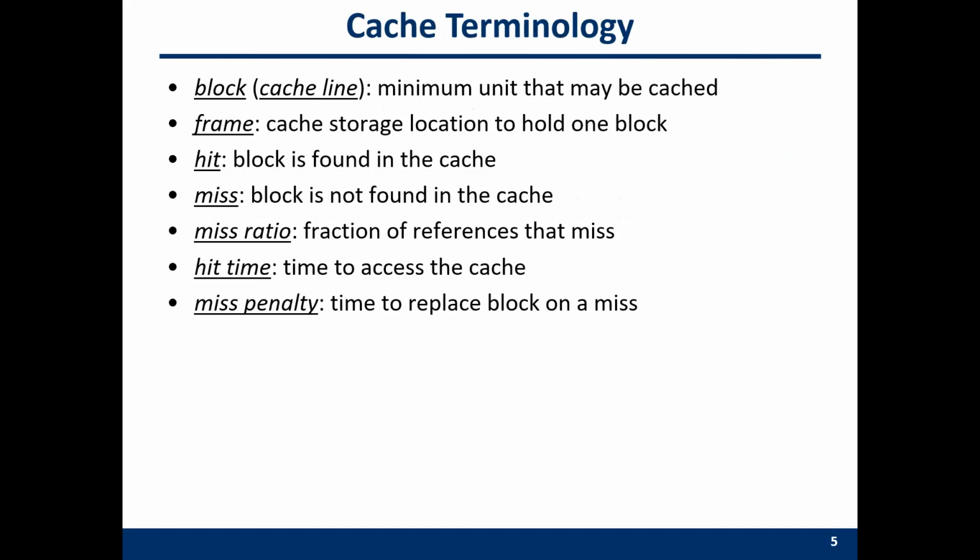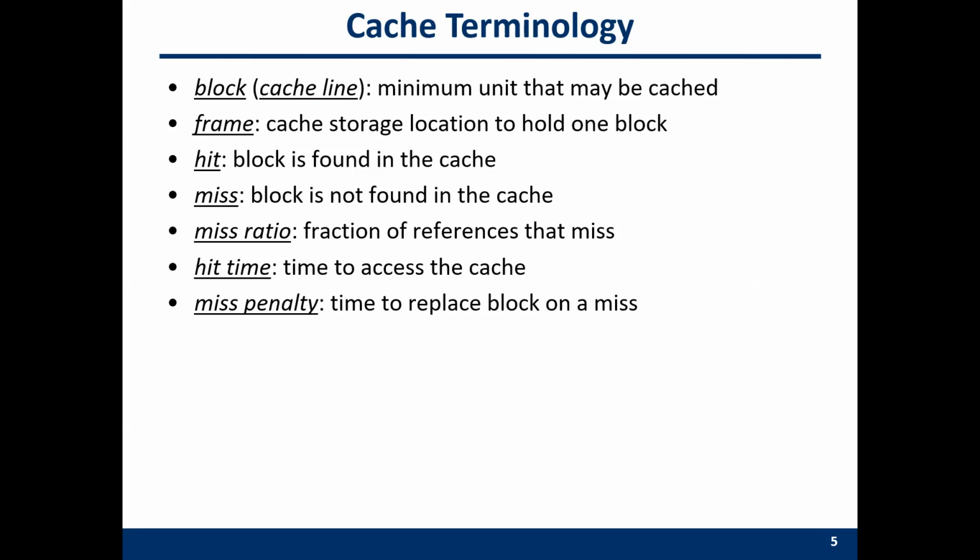So here are some concepts about the cache, which are blocks and frames. A block is the minimum unit that can be cached. A frame is the physical memory location that actually holds one block. If you can find one particular block, that's a so-called hit.